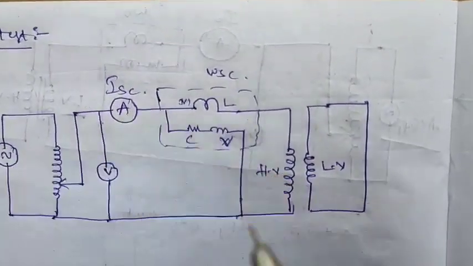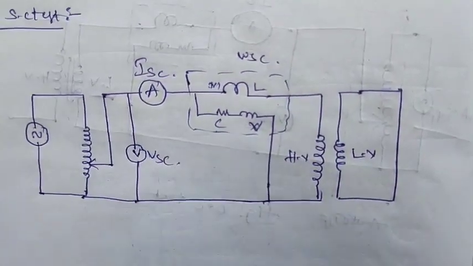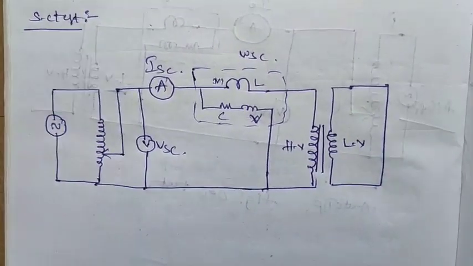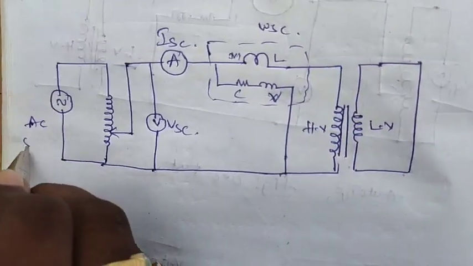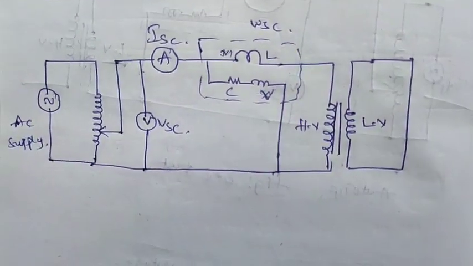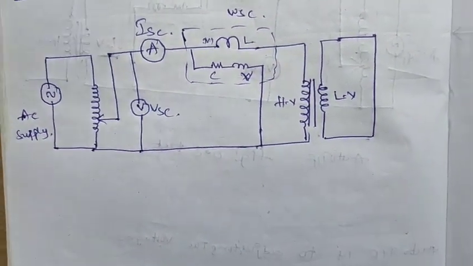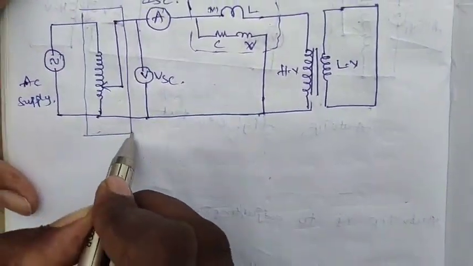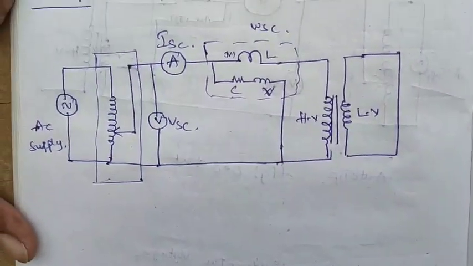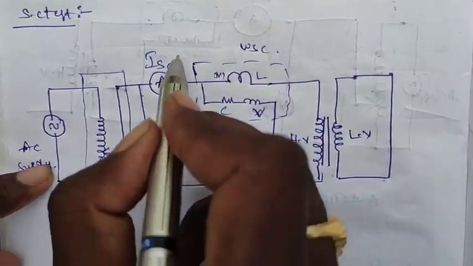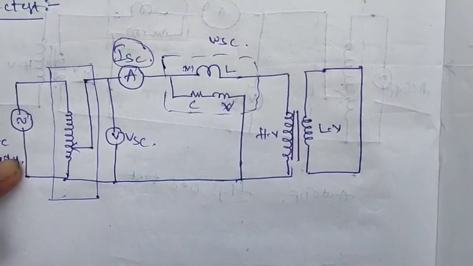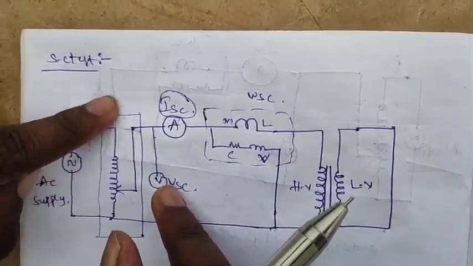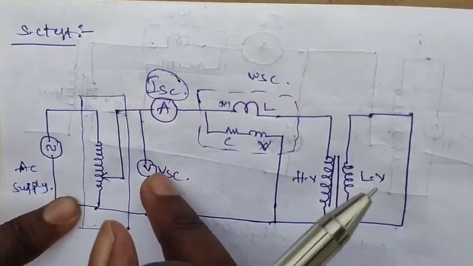This is the short circuit current, this is the short circuit voltage. This one is the transformer, this one is the AC supply. Here, by using the auto transformer, we can apply the rated current. Whatever the rated current of the transformer, we can apply by using the auto transformer.